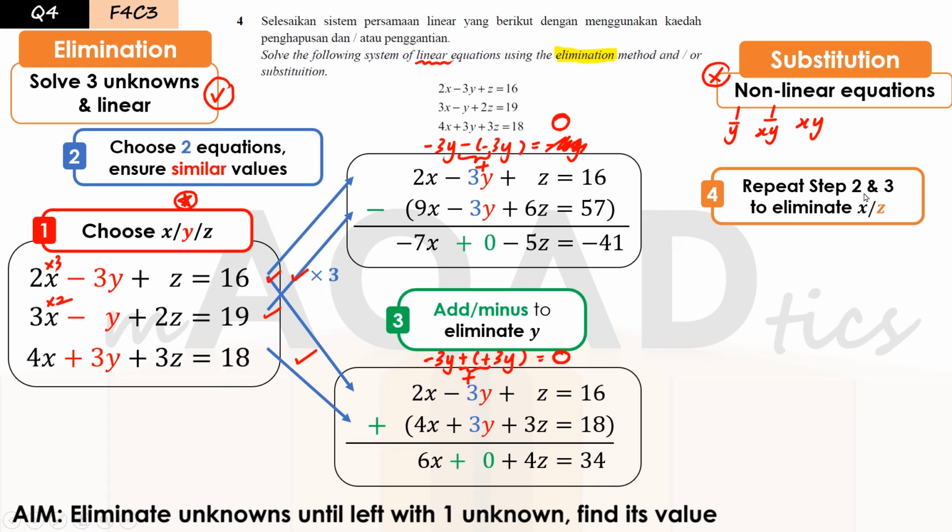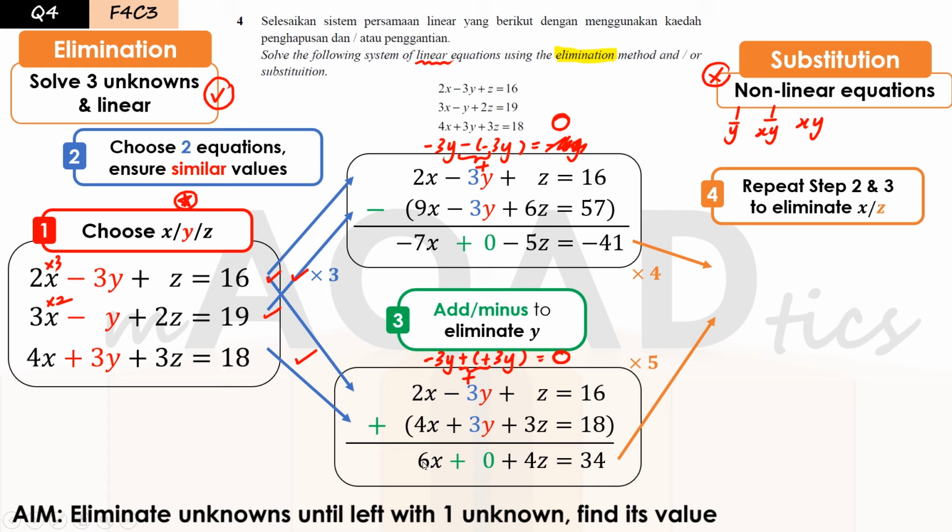Alright, so for step 2 here is to choose two equations and ensure the value of z is the same. To do so, we can cross multiply the values. So for the first equation here, I'm going to multiply with the value of z from the second equation, so the entire equation here will be multiplied by 4.